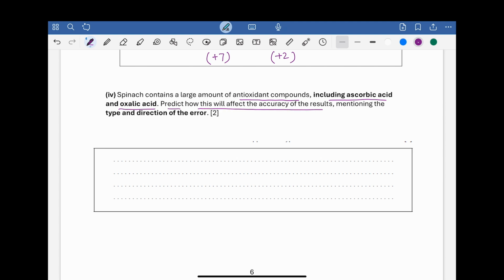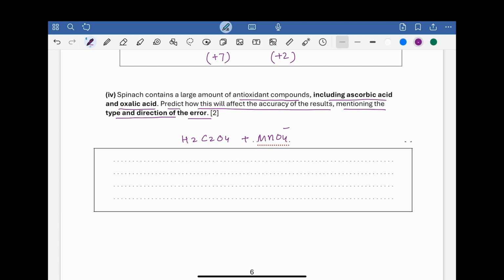4. Spinach contains a large amount of antioxidant compounds, including ascorbic acid and oxalic acid. Predict how this will affect the accuracy of the result, mentioning the type of error and the direction of the error. So oxalic acid, which is H2C2O4, does react with MnO4-, and there will be another redox titration happening at the same time.